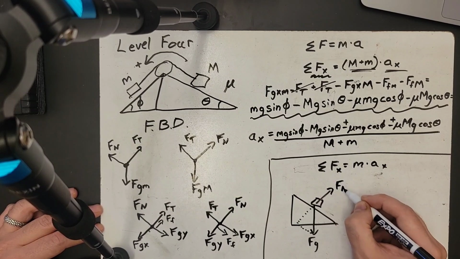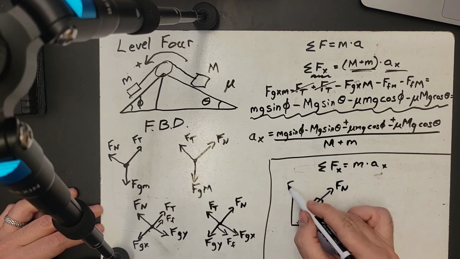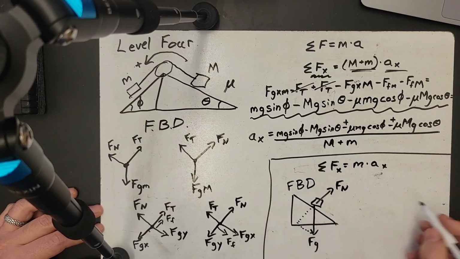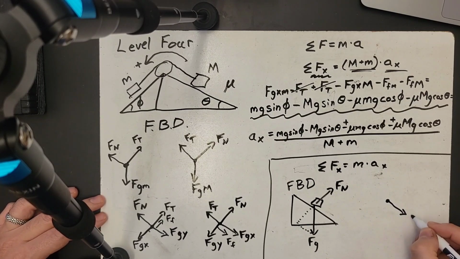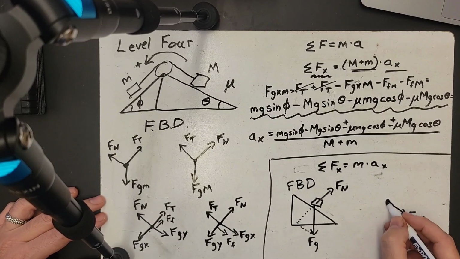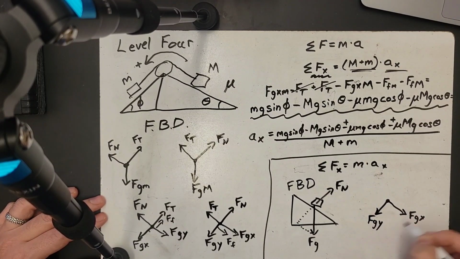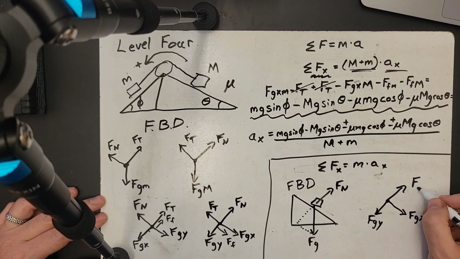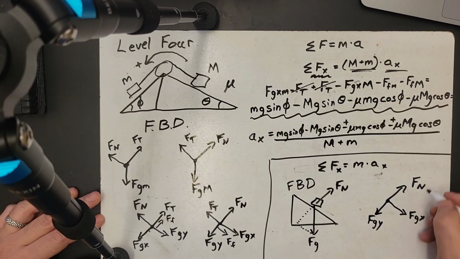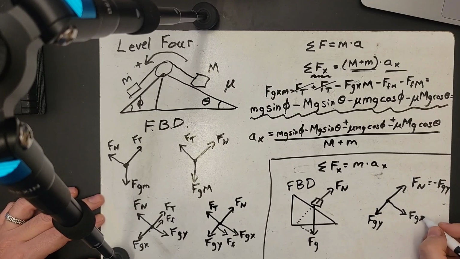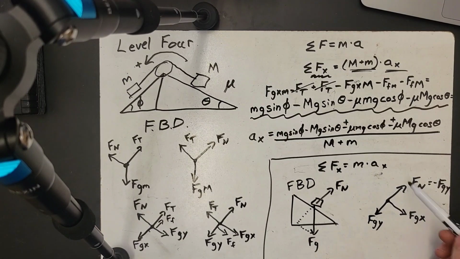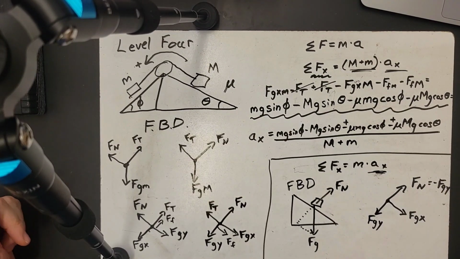So although this is what's really happening, this is our free body diagram, we can pretend that it's that, where these two things have to be equal and opposite, which means the only stuff that we care about as far as acceleration goes is FGX and if there's other forces in this plane of existence.